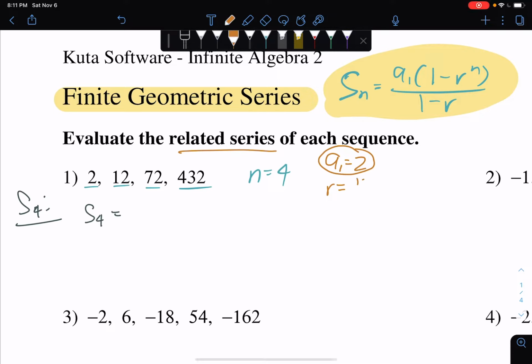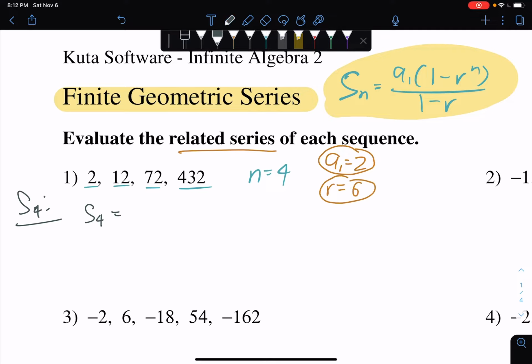For example, 12 divided by 2, this is a sub 2, this is a sub 1. Or, if you want a higher difficulty, 432 divided by 72, a sub 4 divided by a sub 3. Well, you still get the same answer. 12 divided by 2, 432 divided by 72 is 6. Our common ratio is 6.